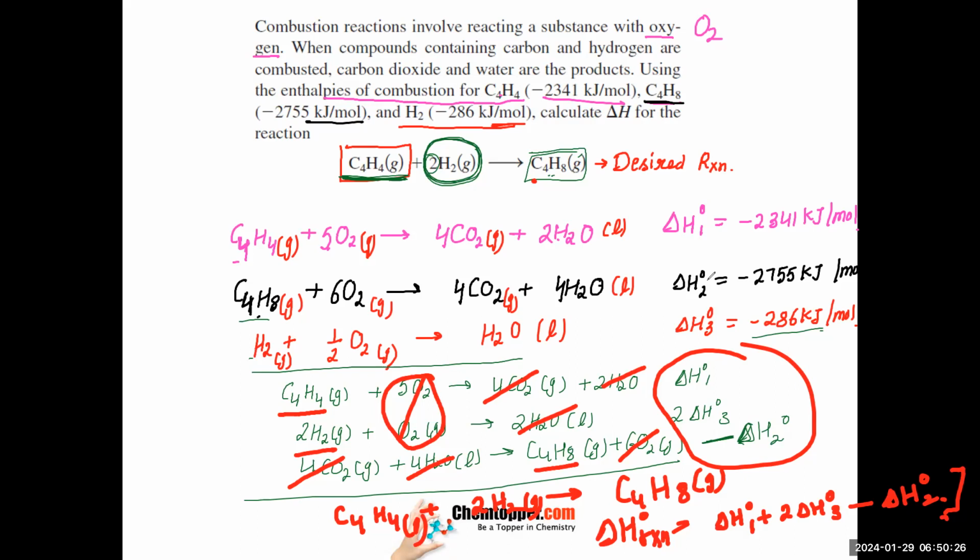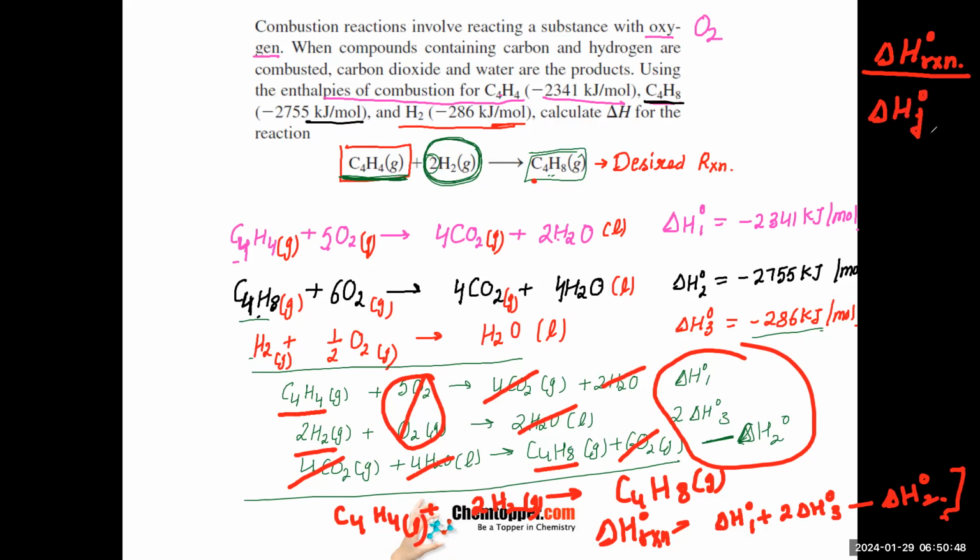Ready for bond enthalpy, children? Bond enthalpies. What are we doing? We are calculating delta H of the reactions by different methods. One method we did by using delta H naught formation values.